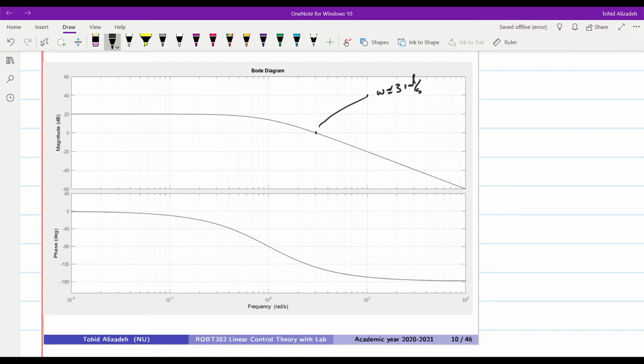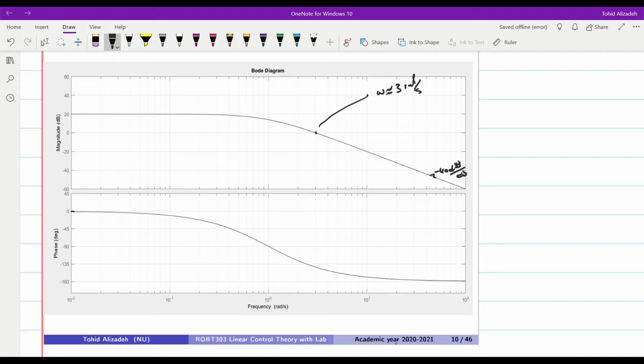It might be exactly omega equal to 3, or it's close to 3 radian per second. And then we have minus 40 dB per decade as the slope. In terms of the phase, we start at 0 degrees.